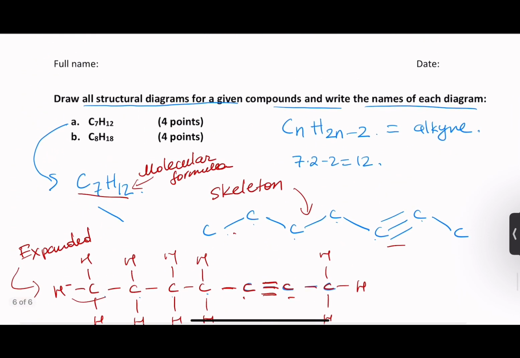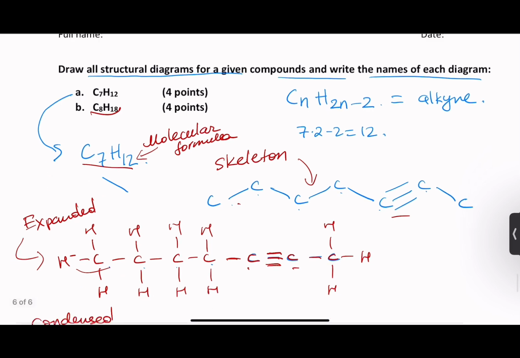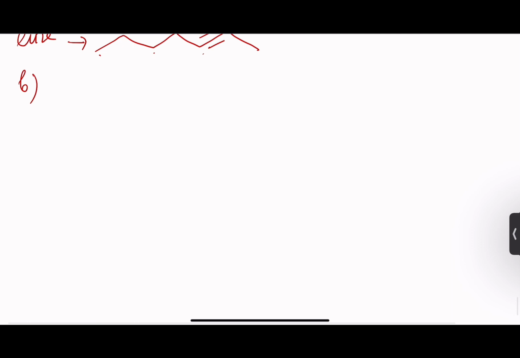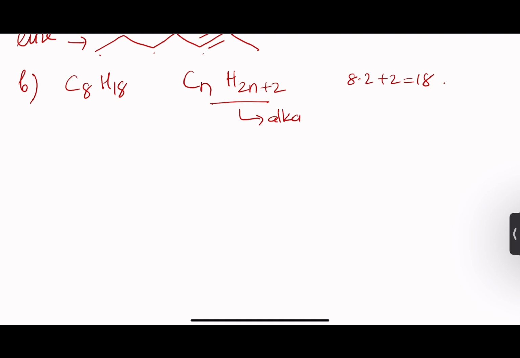Okay, so now let's look at C8H18. So this was A. And then we put B, C8H18. So if we put the formula CnH, it is going to be 2n plus 2, because 8 times 2 plus 2 is 18, right? So this is alkane, we know this.